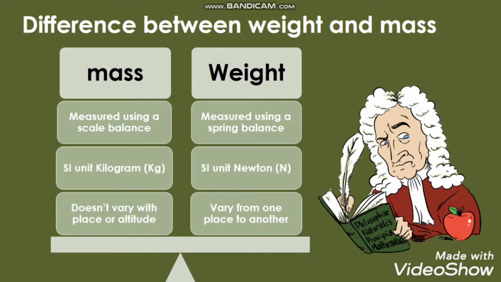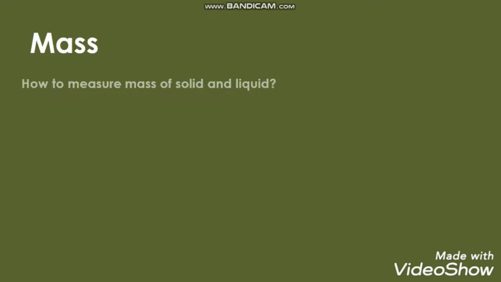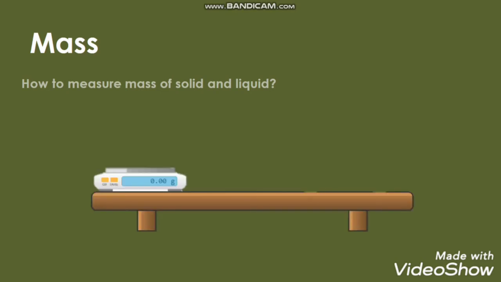Now, after listing the differences between weight and mass, let's start with how to measure the mass of solid and liquid. I'll be using the scale balance now. First of all, the scale balance consists of two buttons, the on button and the tare button.